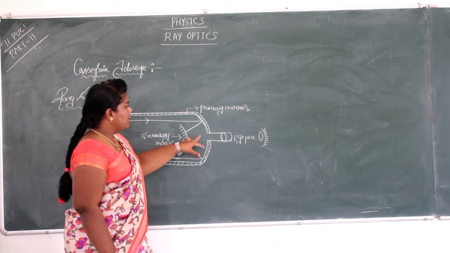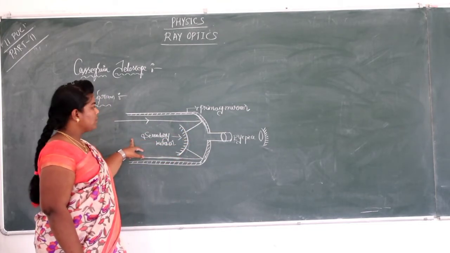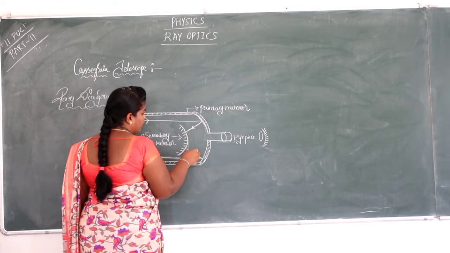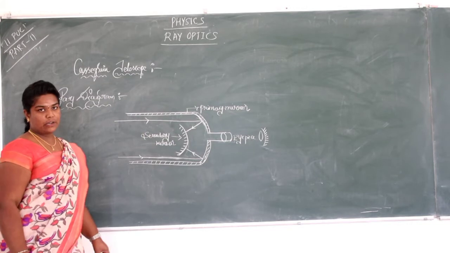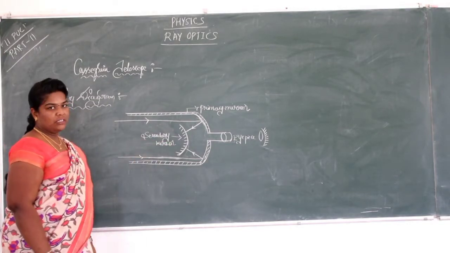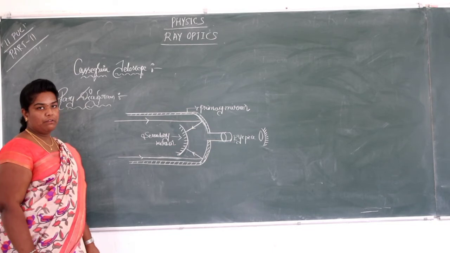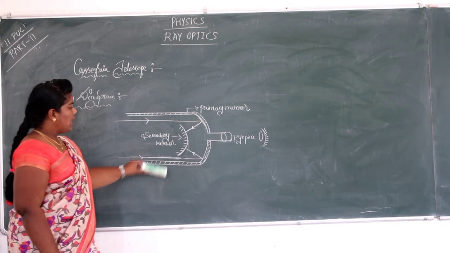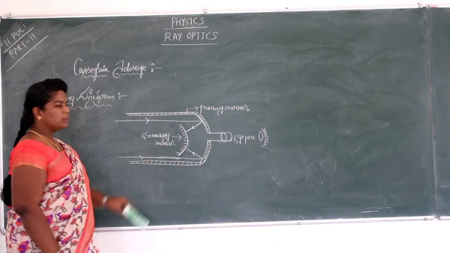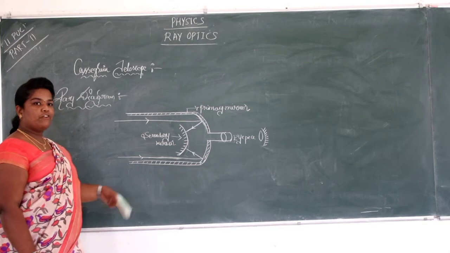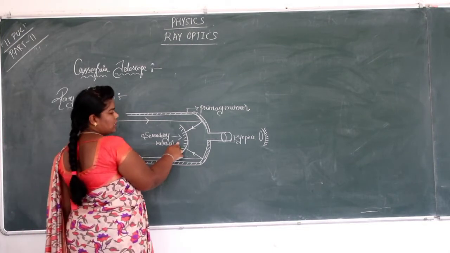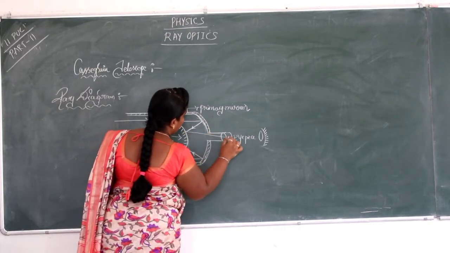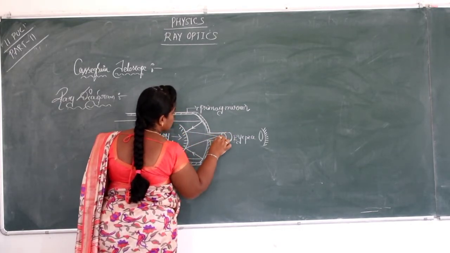A concave mirror would make it converge at the principal focus, but here we kept a convex mirror, so before converging the rays fall on the convex mirror and reflect back, passing through the hole.